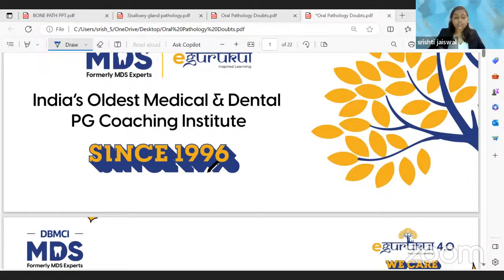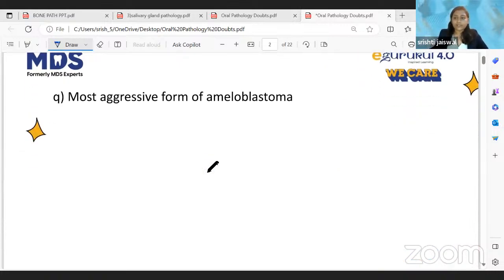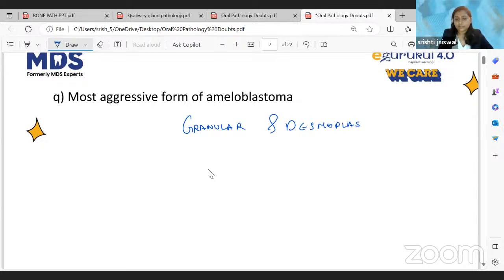Okay. So this was one very important question: which is the most aggressive form of ameloblastoma? So we know that there are 6 histopathological variants of ameloblastoma. Out of that, which one is the most aggressive? There is always confusion between the granular and desmoplastic.